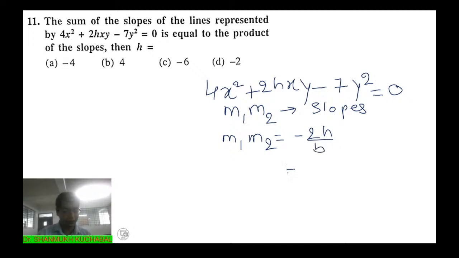In this equation h only, b value is minus 7. So we get, after simplification, minus minus cancels, 2h divided by 7 as m1 plus m2.